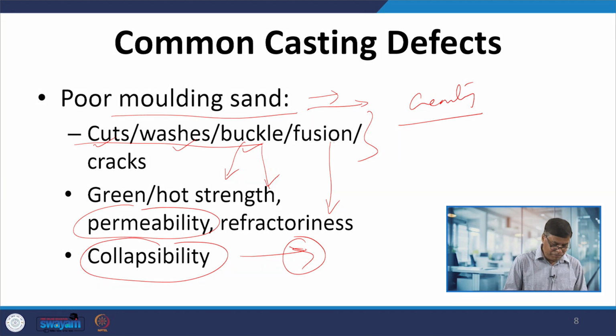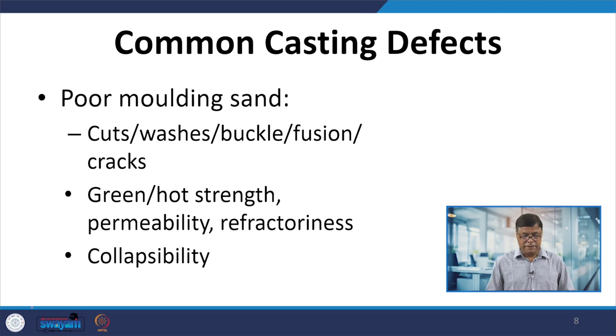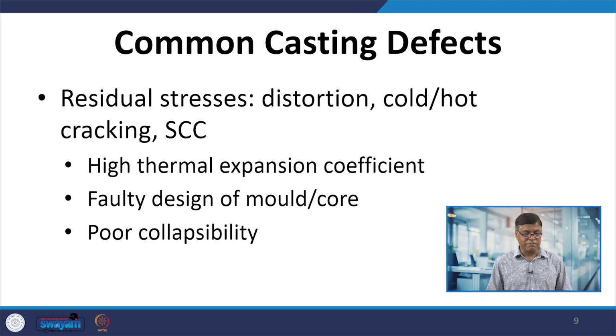So, poor molding sand characteristics pose many challenges. Many of these factors affect the soundness of the casting, which in turn affects the performance of the casting during service.